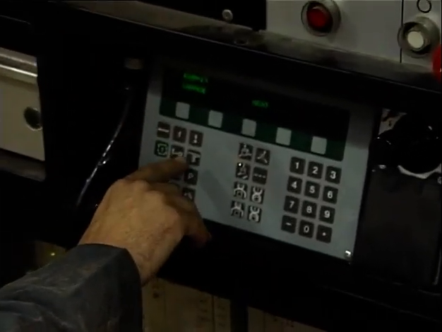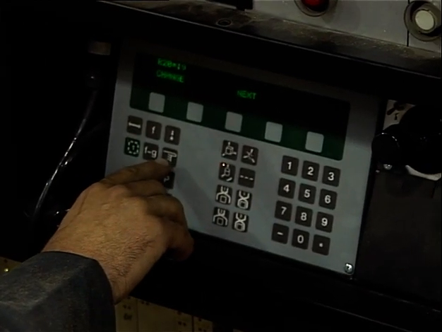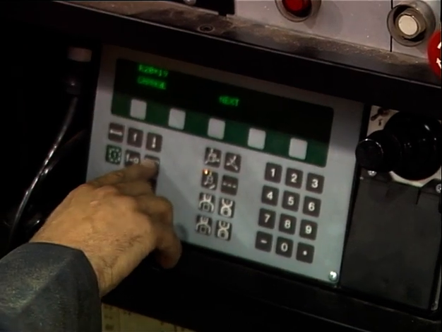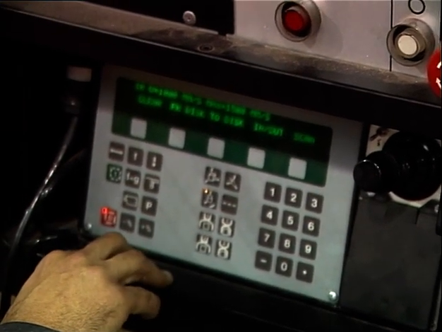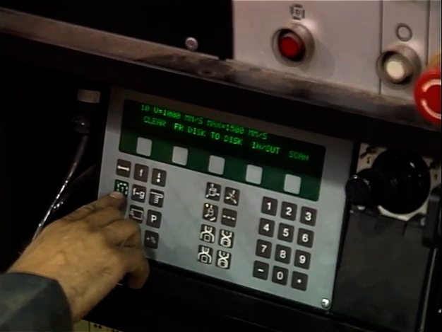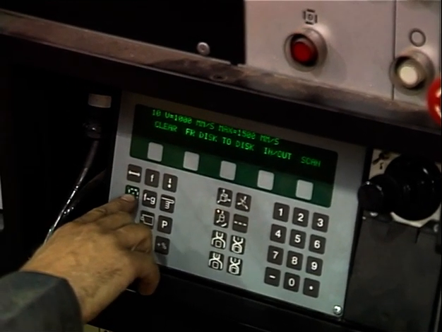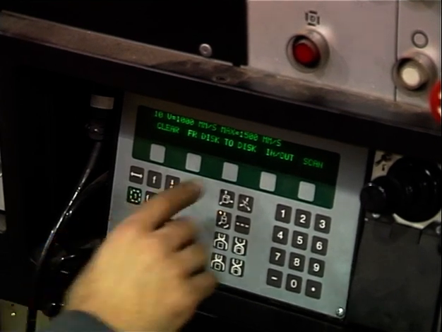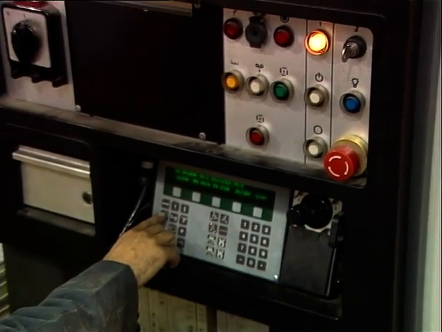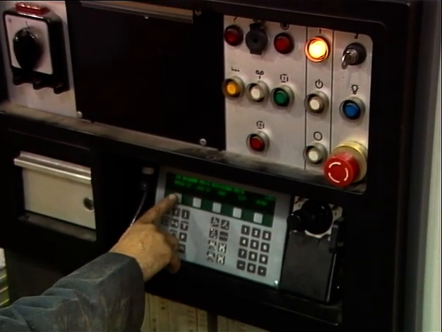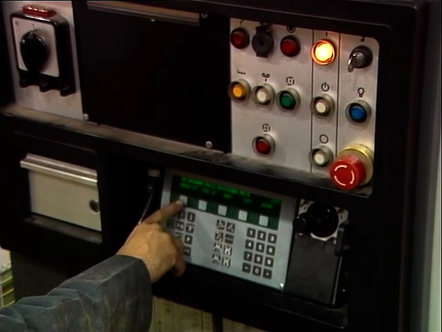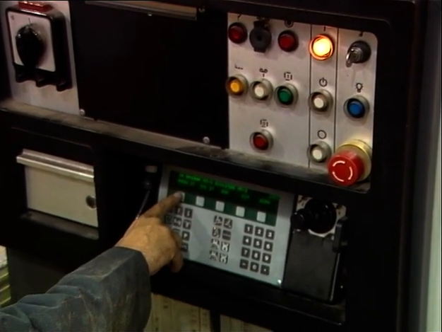Therefore, you push again on the manual mode button on the teach panel. Thereafter, you push on the start button 1. This button has the same function as the button on the electrical cabinet. Thus, I push here. And here you see that you are able to start the program by pushing this possibility.